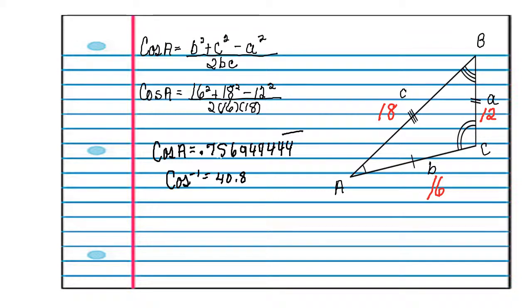What I will tell you to watch out for is that when you put this into your calculator, the top part's pretty good. Just make sure after you do the numerator that you hit enter, and then you're going to hit divide by.